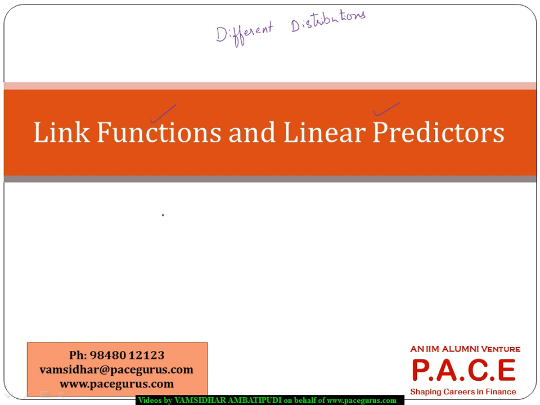See, we are trying to build a relationship between the response variable and a set of predictor variables, which are my covariates. And the way we are generally building it is through this expected value of y kind of a function.